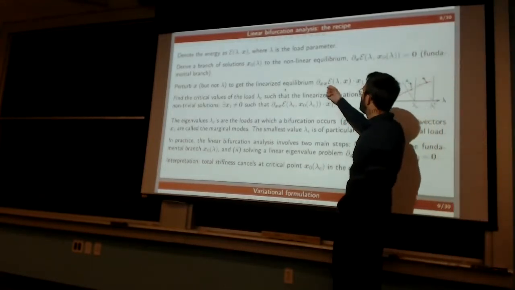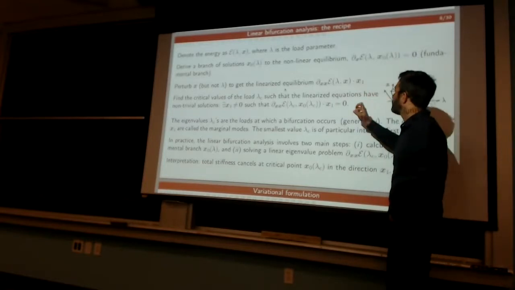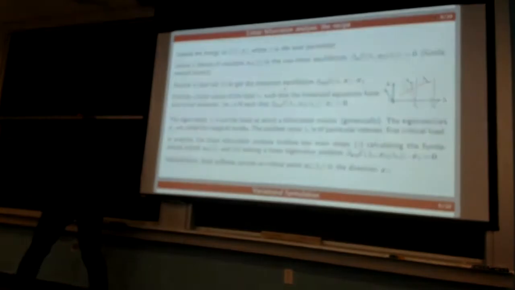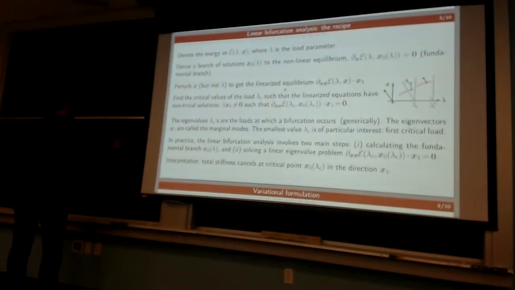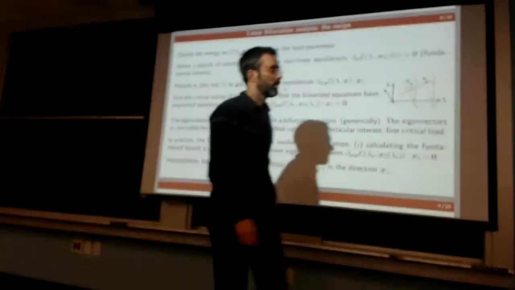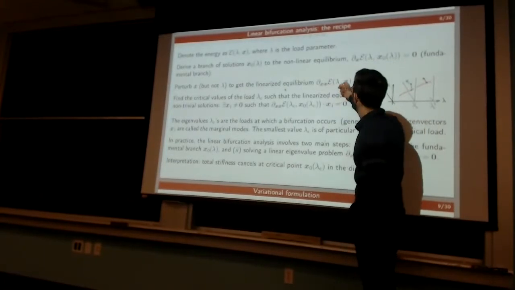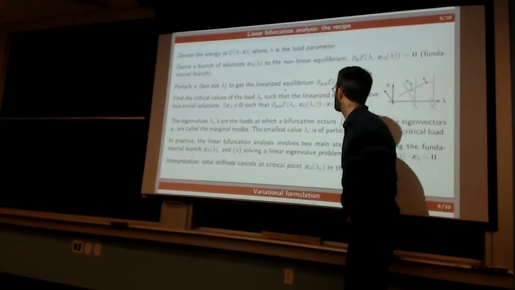So that would be the linearized equilibrium, and then we just need to insert in that equation. So we focus on this stiffness matrix for those special configurations that lie on the branch.